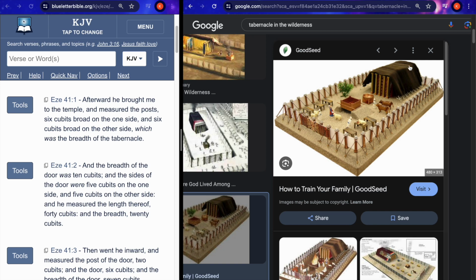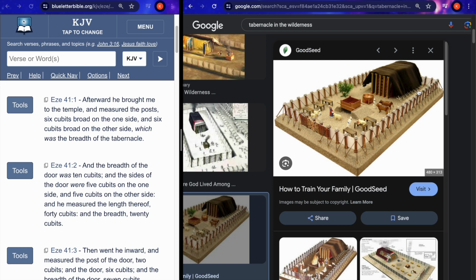And within this area, you had the table with the shewbread, the menorah, the altar of incense, and so on and so forth. And in a certain part of this area, you had the Holy of Holies, which the high priest was allowed to go into once a year. And that is where you had the Ark of the Covenant and so on.